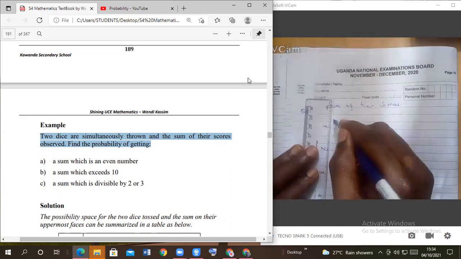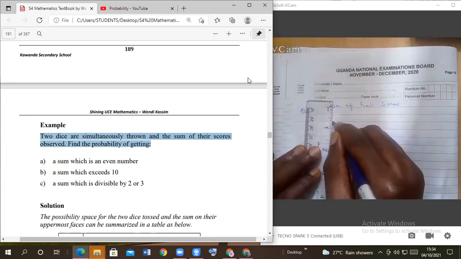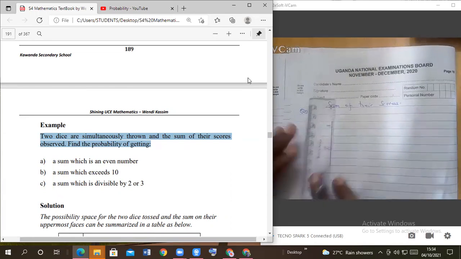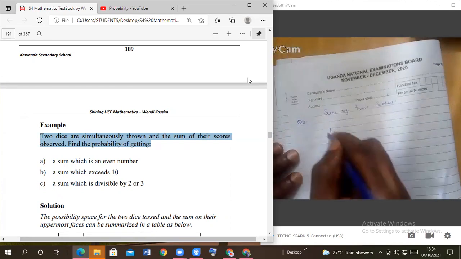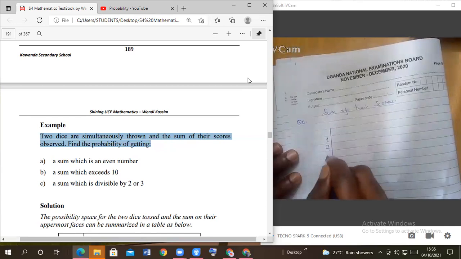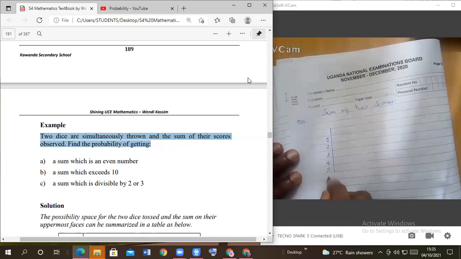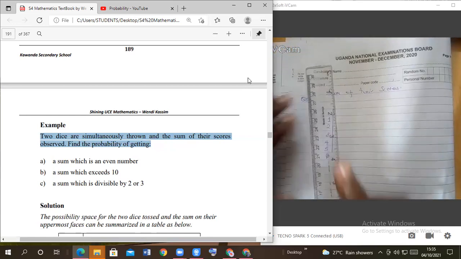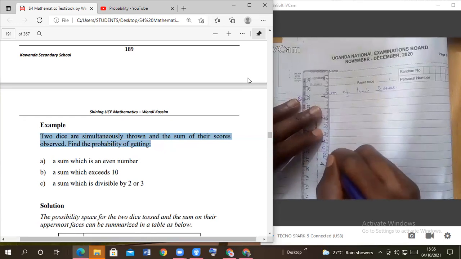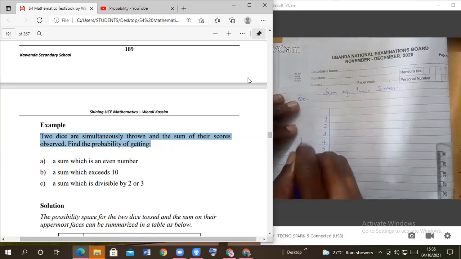Let's draw our table. So I will have 1, 2, 3, 4, 5, and 6. It's dial 1.